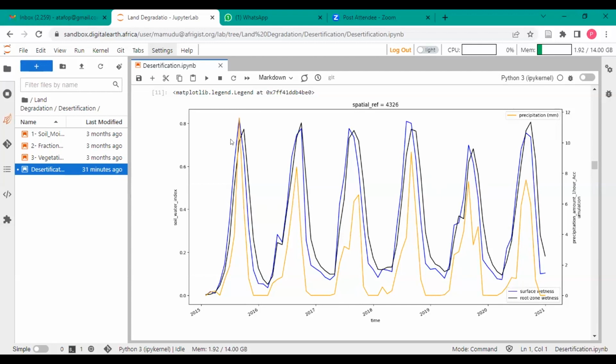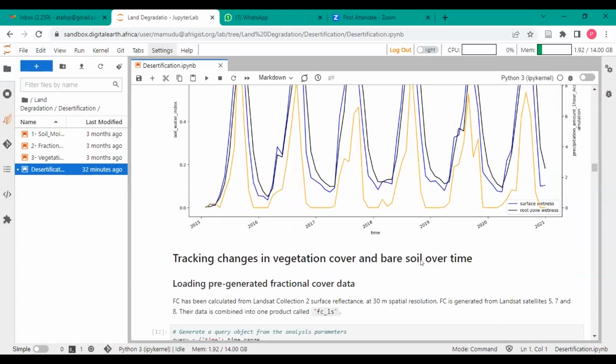So this also gives us an indication of how much precipitation we got in these periods and when we had the least amount of soil moisture and root zone moisture, giving us an indication of higher dryness and probably some indication of lower yield, as the case may be.